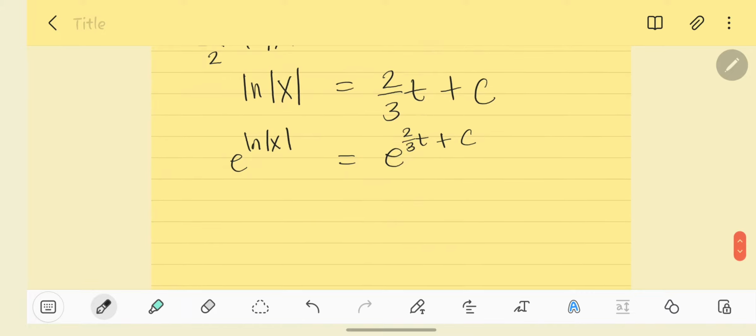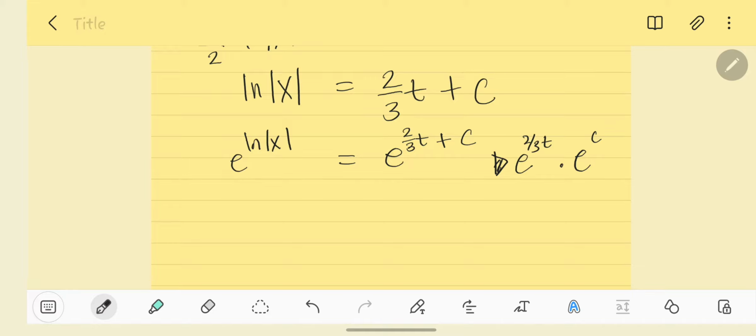But we know that this equation is the same as e to the 2/3 t times e to the c.